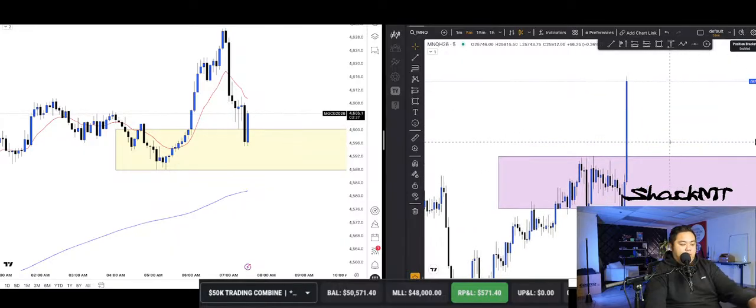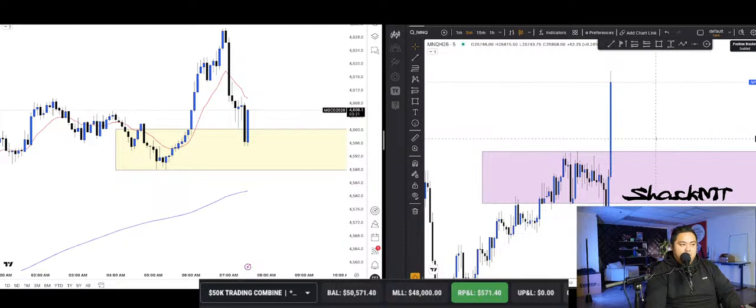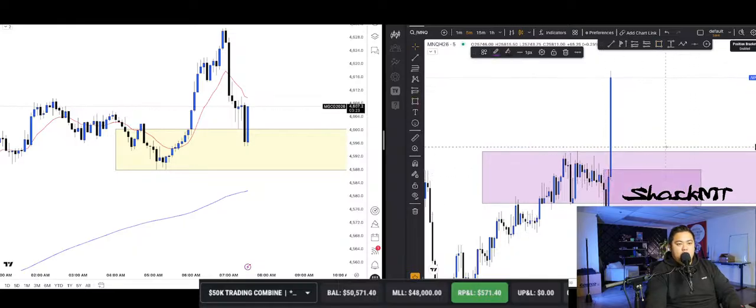All right, so we have a strong move happening right now. Very happy with it. What I'm going to do is potentially wait for this 5-minute demand for a pullback to go long on NQ.